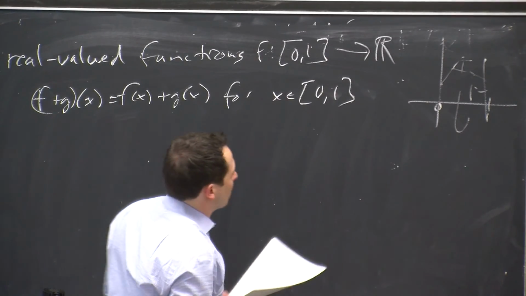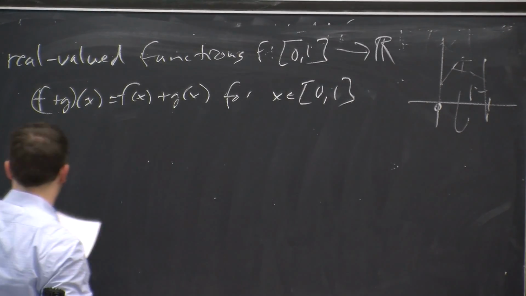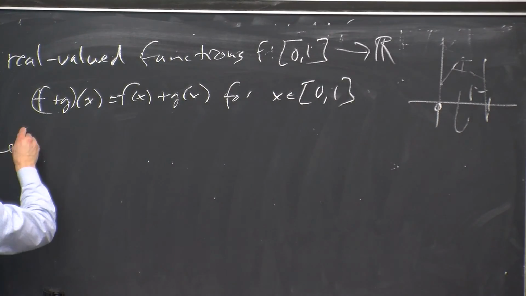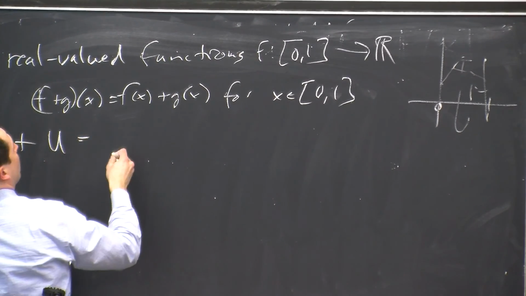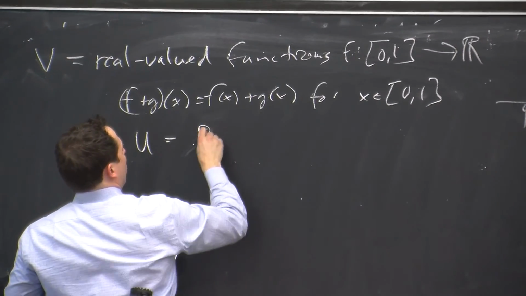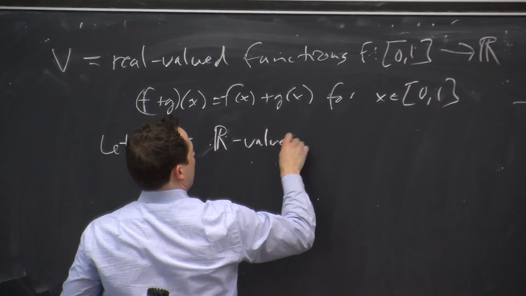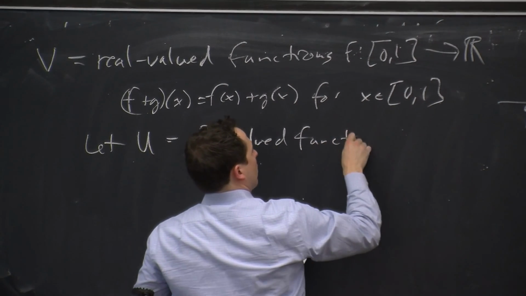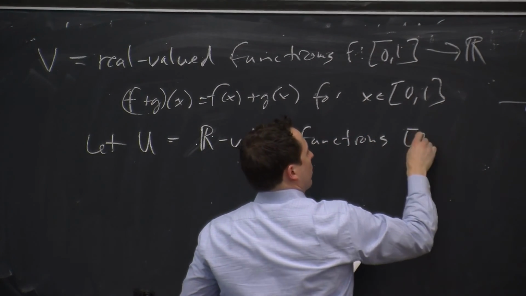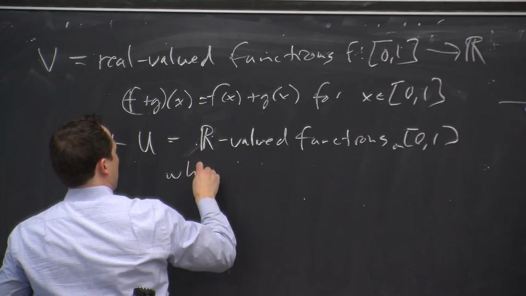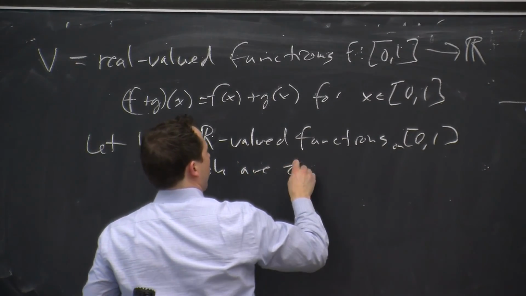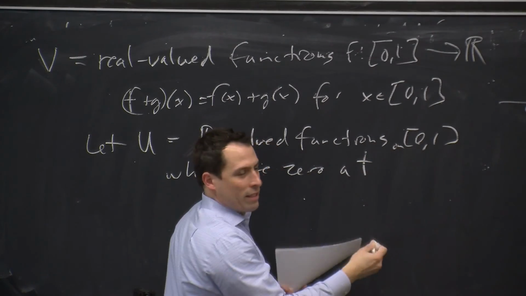So this is a very big space. It has lots of subspaces. Here's an example. Let's let this be V. Let U equal real valued functions on [0,1] which are 0 at some point inside.